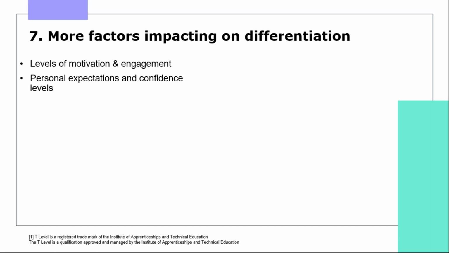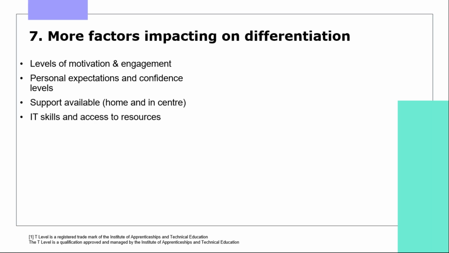Teachers will also have the added challenges of remote learning too, which leads us on to the support available, especially at home. Evaluations of the support that can be offered to T-level students in lockdown are taking place, and remember to identify and record these. The students' IT skills and access to resources.